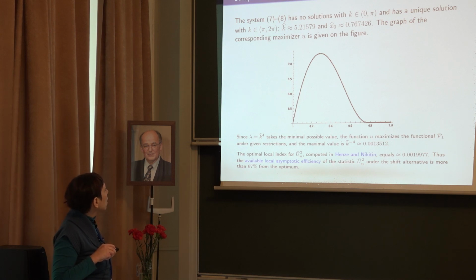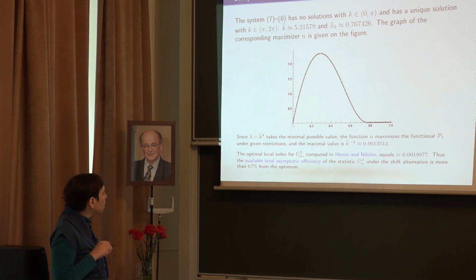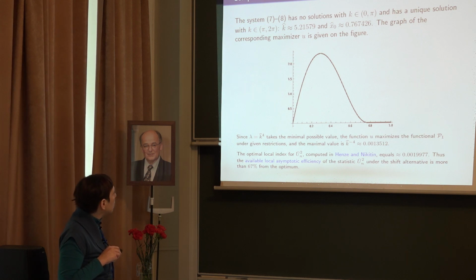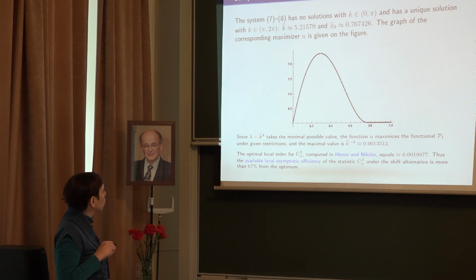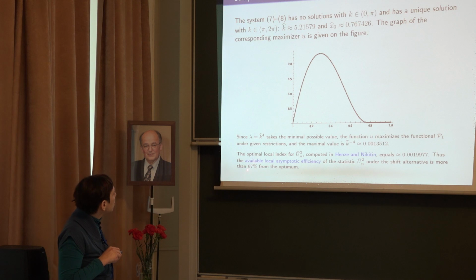We compare this local index with the optimal local index, and we see that the alternative is about 67% from the potentially optimal. So we cannot test the shift hypothesis with these statistics better than at 67% from the optimum.